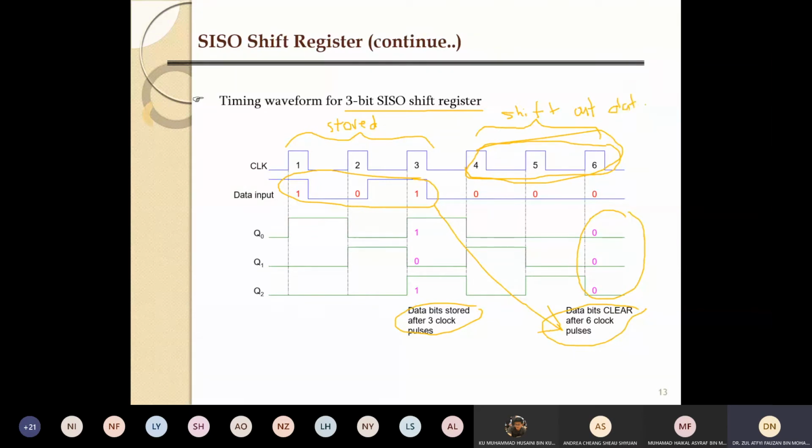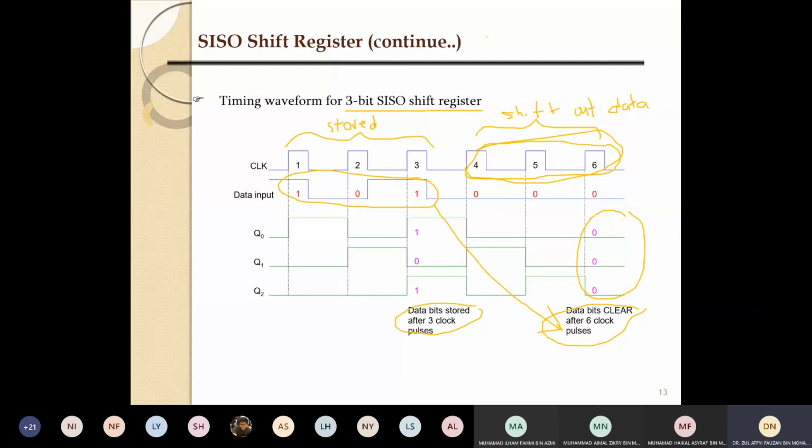Because this is SISO, serial in, serial out, the data goes out serially, 1 bit per 1 bit. So that's why we need 3 clock, because this is a 3-bit SISO shift register. Okay, understand?